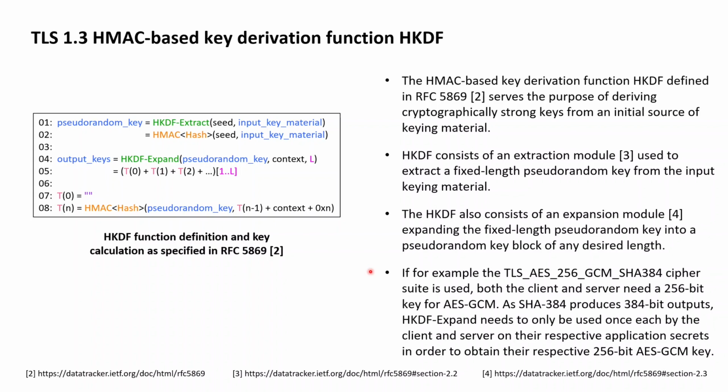With this cipher suite, HKDF then uses HMAC SHA-384, and as SHA-384 produces 384-bit hash values, the HKDF expansion module needs to only be used once each by the client and the server on their respective application secrets in order to obtain their respective 256-bit AES key.